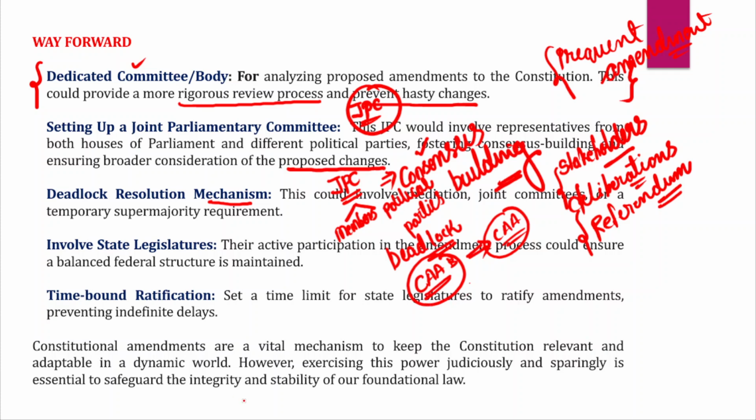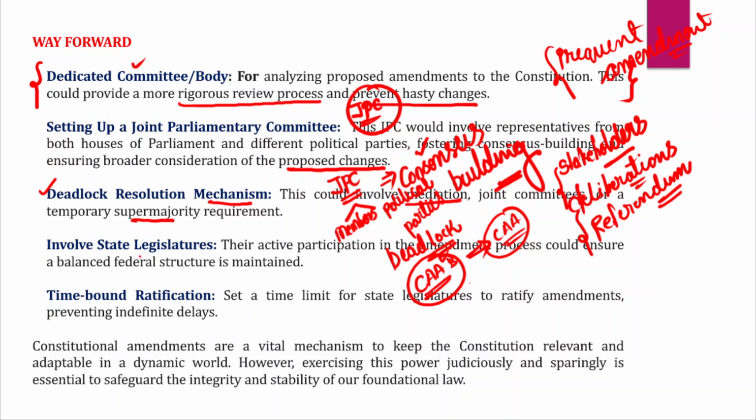So what if there is a disagreement between the lower house and the upper house? The bill will never become a constitutional amendment, because there is no procedure to resolve the deadlock between both houses. So therefore there should be mediation, joint committees, and even a temporary supermajority. These kinds of initiatives are required to resolve deadlock between different houses.